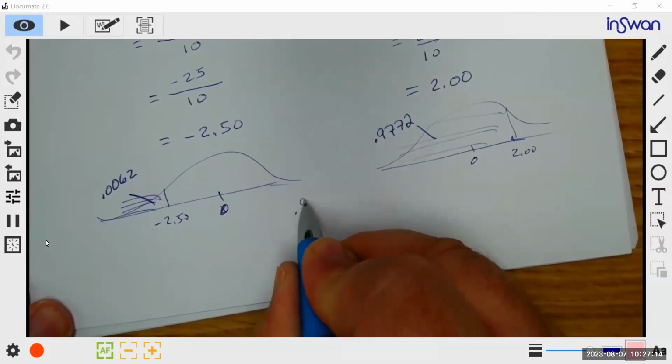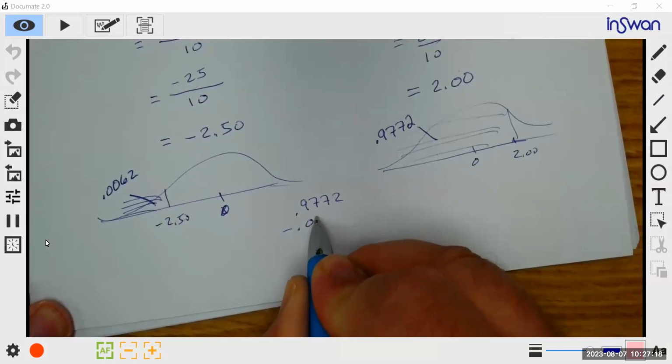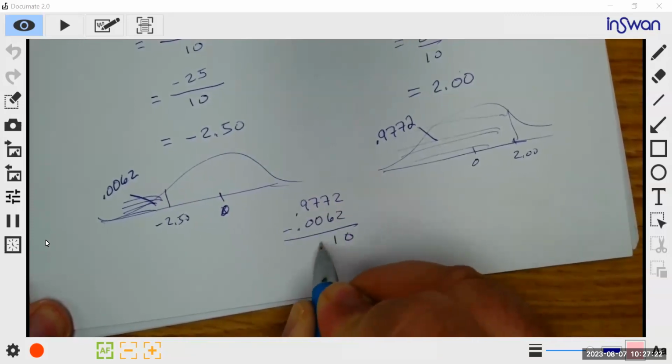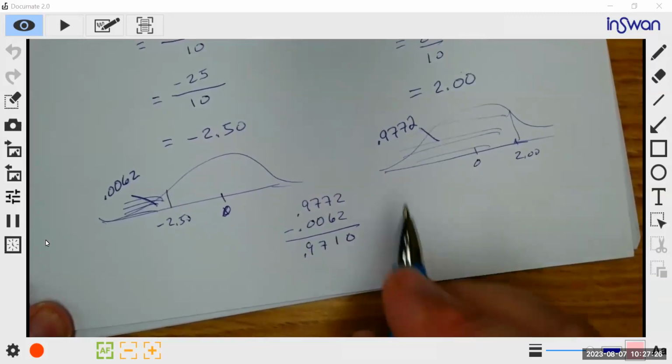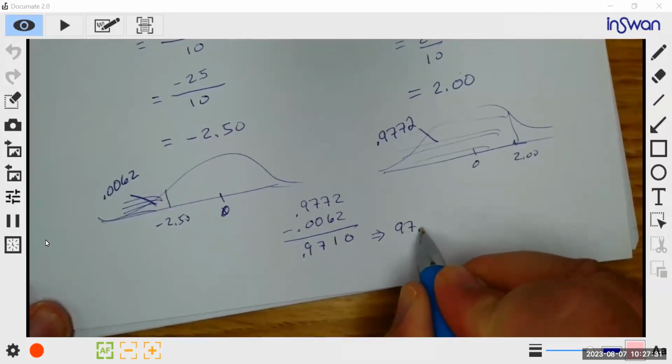Subtract the 0.0062. And the final percentage is 97.10.